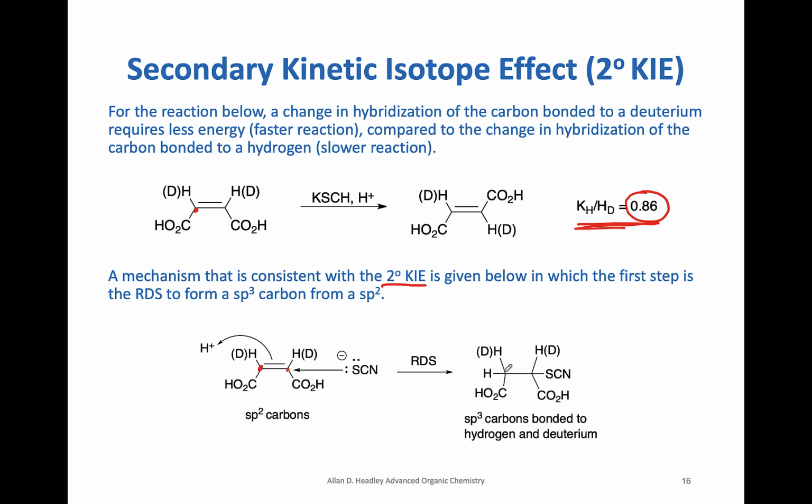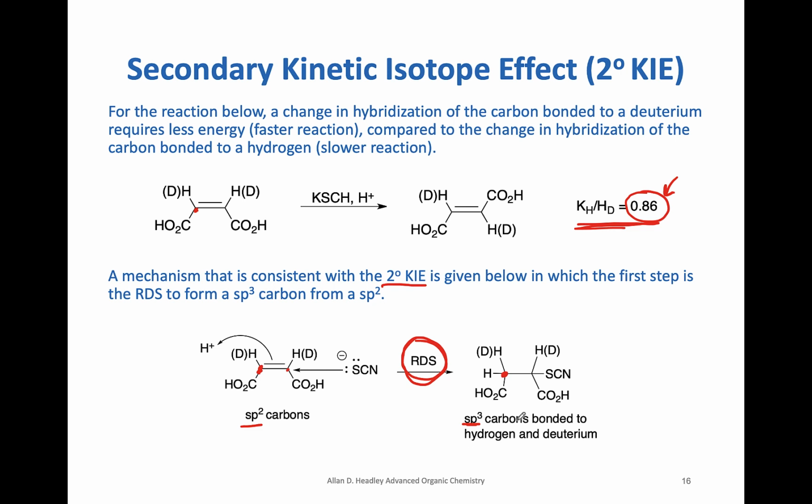Notice that now this is sp3. This is sp2 here, and this is sp3. Of course, our analysis could go in the reverse because it's a symmetrical molecule. Since this is sp2 and sp3, and there's an observed inverse isotope effect, this is the rate determining step for that reaction.